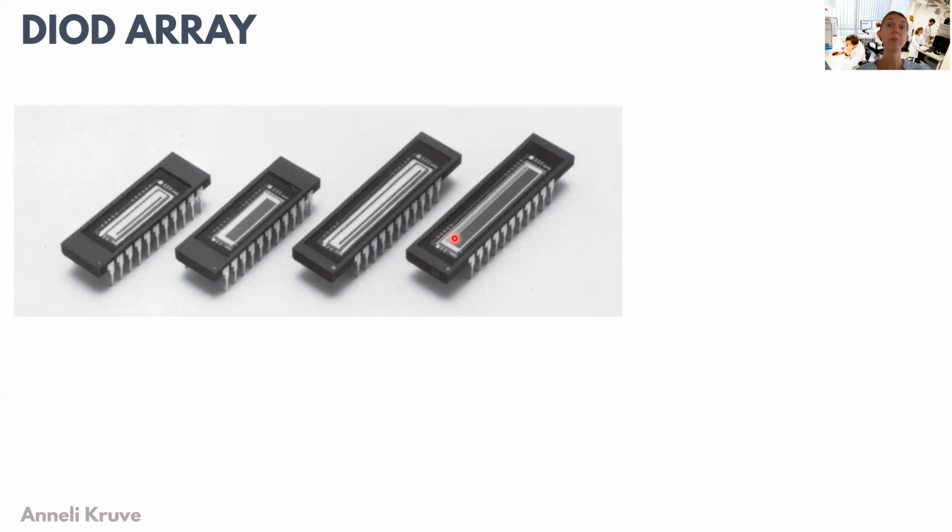Chromatography is something that we will view a bit later in this course, but for now it's good to remember that the diode array enables measuring the whole spectrum at once, and this is used for ultraviolet visible spectroscopy as such, but also in combination with chromatography.